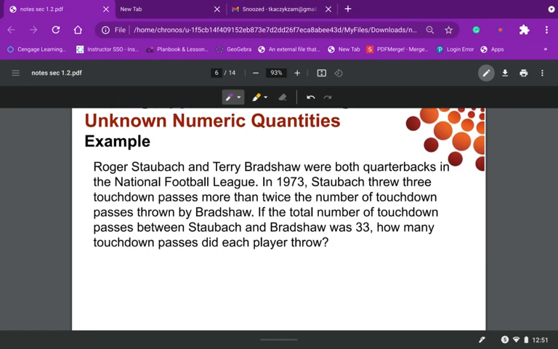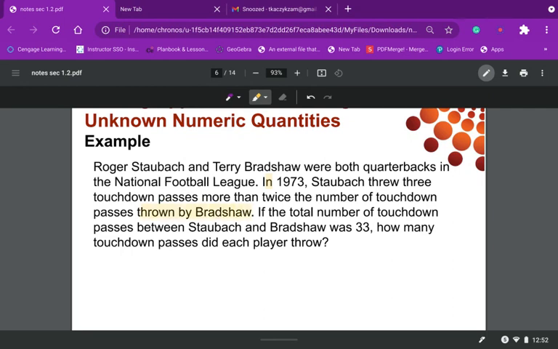So the idea of solving word problems with linear equation is to introduce only one variable. Okay, so we only want to introduce one variable. So in this problem, we have 2 football players, Staubach and Terry Bradshaw. So right here in this sentence, in 1973, when they say that Staubach threw 3 touchdown passes more than twice the number of touchdown passes thrown by Bradshaw.